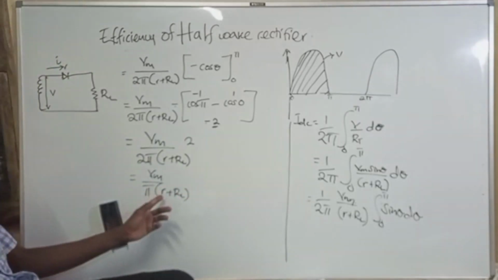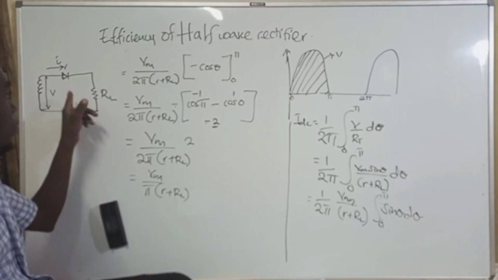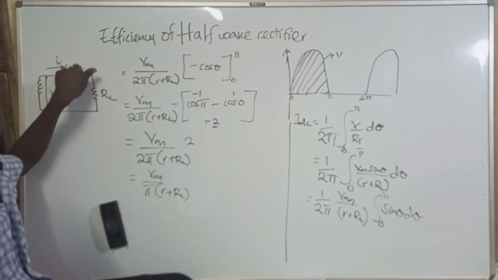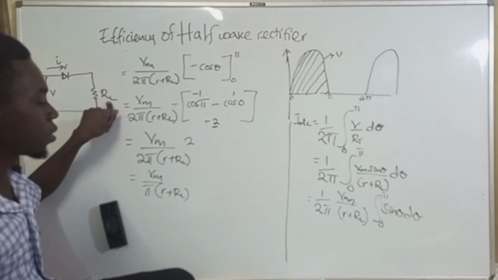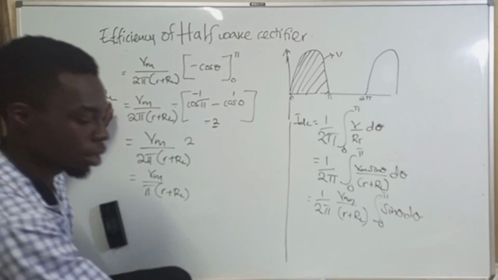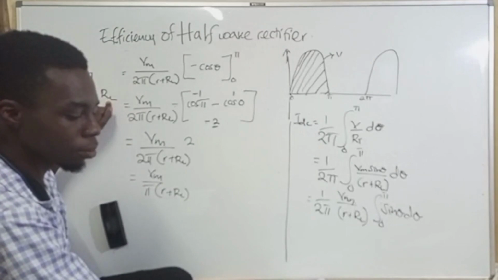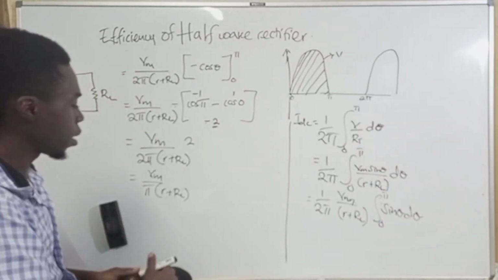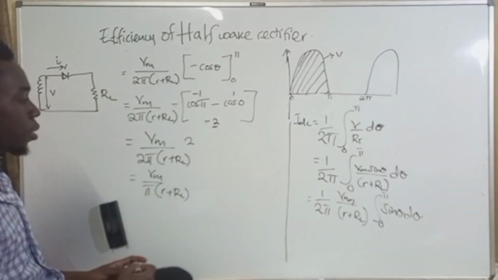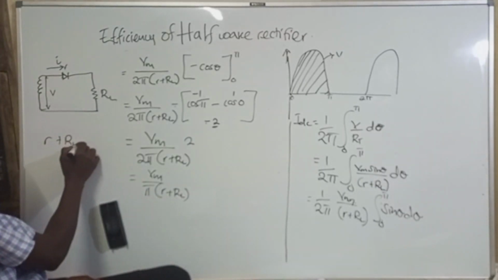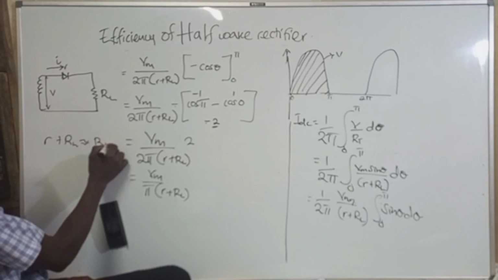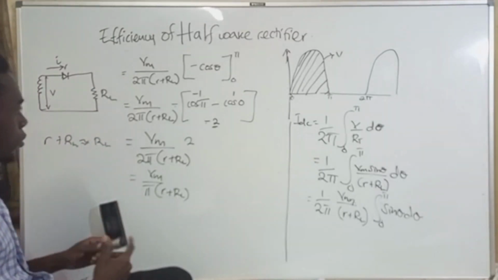The next thing they say is that usually the forward resistance of a diode is so small compared to the resistance of the load, and that will lead us to something whereby if you add these two values, R plus RL is always approximately equal to RL, as we shall see.